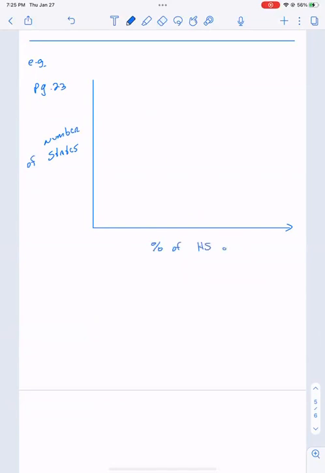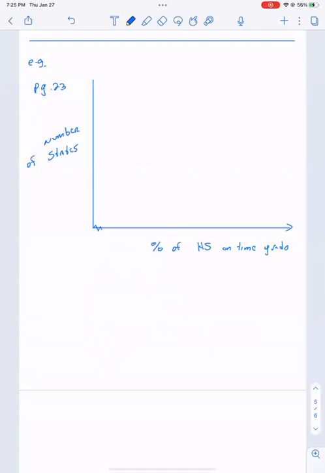Here's one on page 23. If you look at it later, it's a histogram of the percent of on-time high school graduates, and these are the number of states in America and the percent of high school on-time grads.